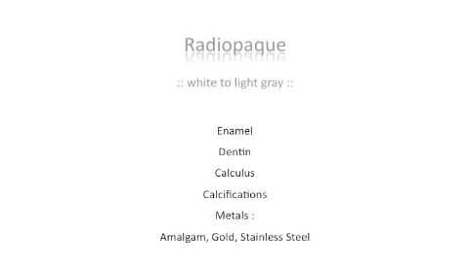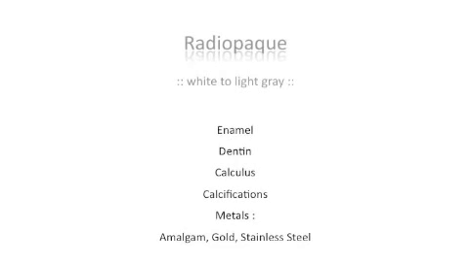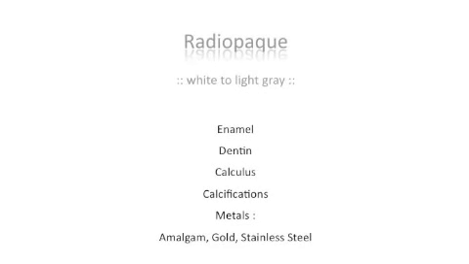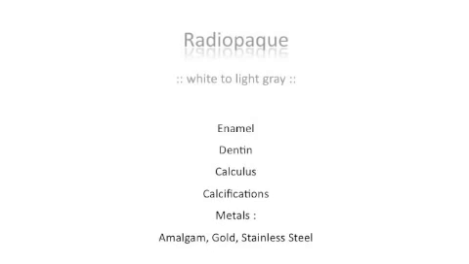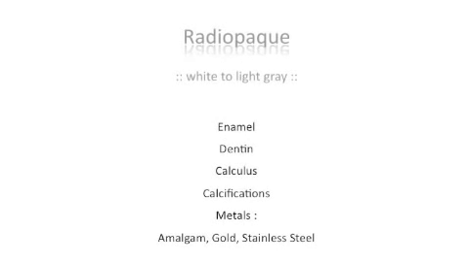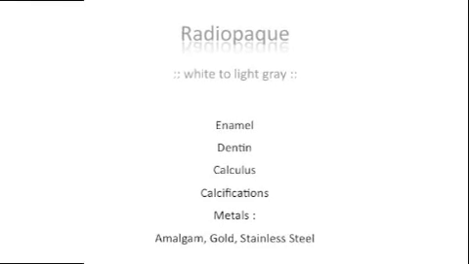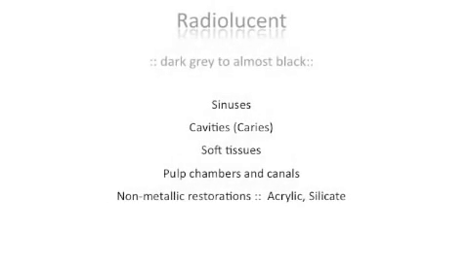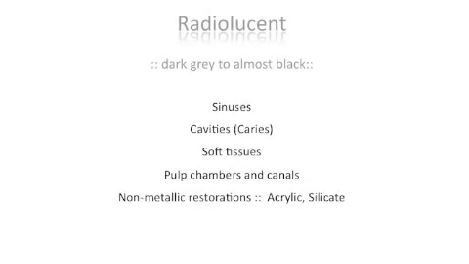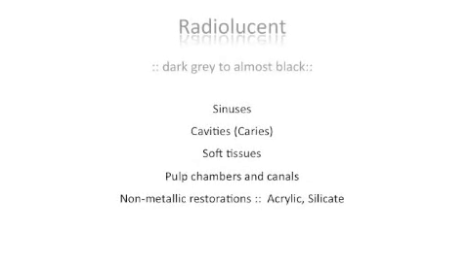Here we have a list of radiopaque structures. Calcifications can refer to calculus, bone, pulp stones, any calcified or hardened structure. Radiolucent structures are dark gray to almost black.